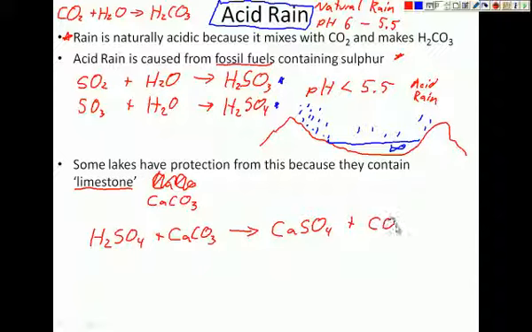It helps the lake not decrease its pH very much.